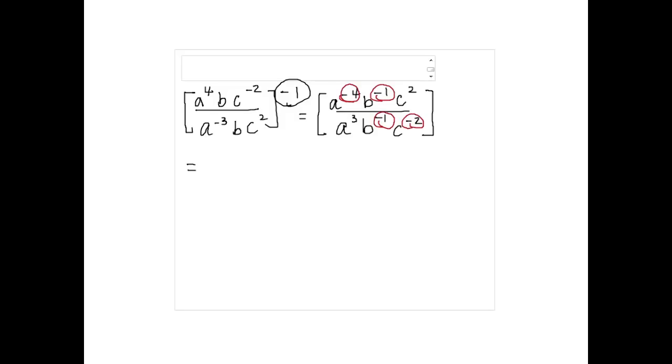Since these 4 factors have negative exponents, first I bring down the a to the negative 4 and change the negative 4 to positive 4. Then I bring down the b to the negative 1 on the bottom and change the negative 1 to positive 1.